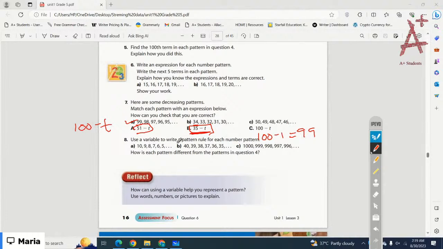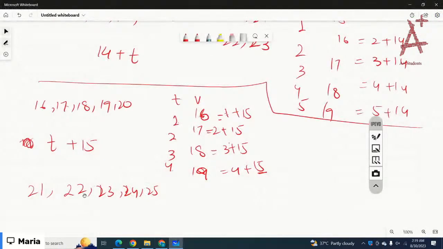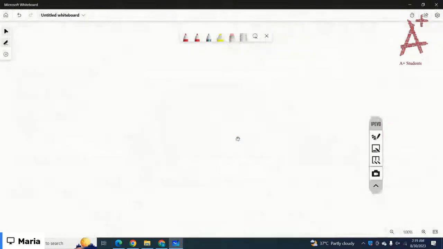Okay, use a variable to write an expression for each pattern. So you have to write down the pattern. Starting with 10: 10, 9, 8, 7, 6. The pattern is decreasing by 1, right?